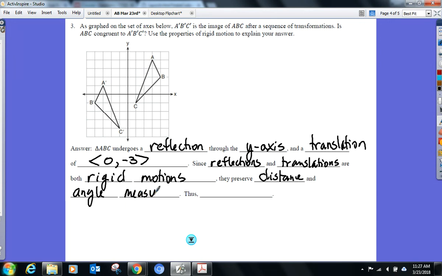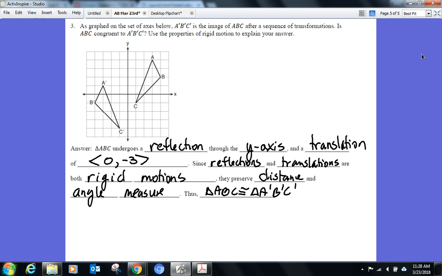Thus, triangle ABC is congruent to triangle A prime, B prime, C prime. Okay, so the toughest part, I think, is going to be identifying what you need to do, because the rest is all pretty much the same wording. Okay? All right, next up.